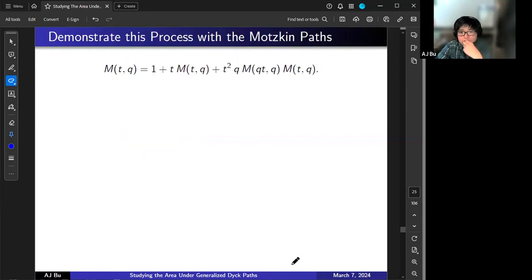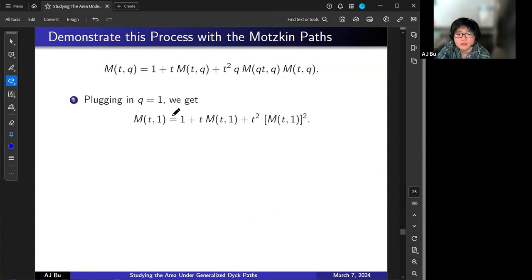So let's describe this process with the Motzkin path, since it's kind of hard to explain theoretically, without doing an example. So we already showed that the Motzkin path has the equation M of tq is equal to 1 plus t times M of tq plus t squared q M of qtq times M of tq.